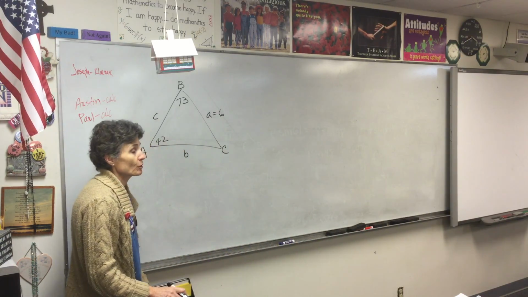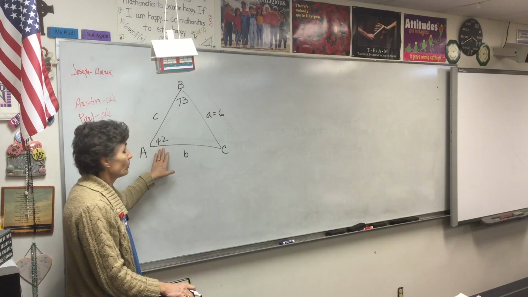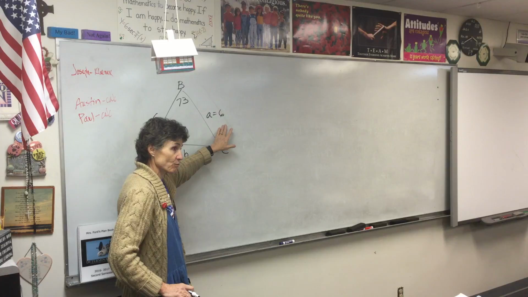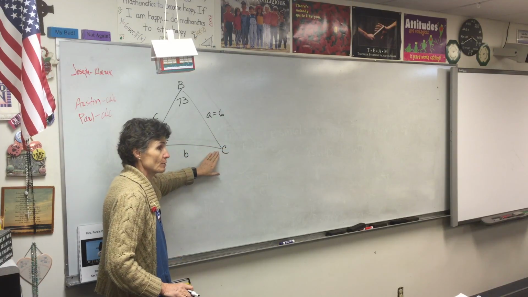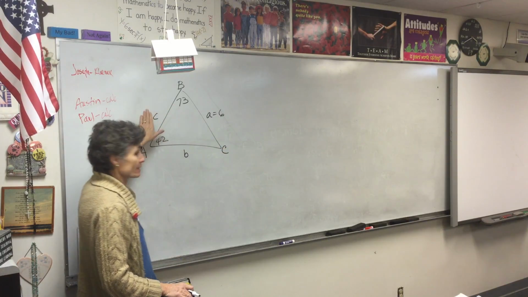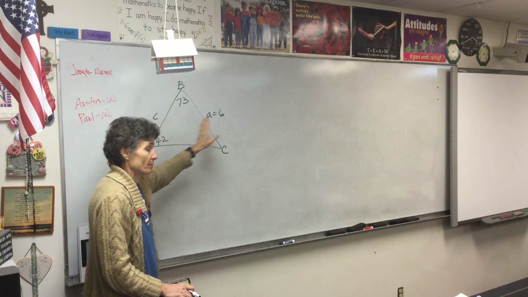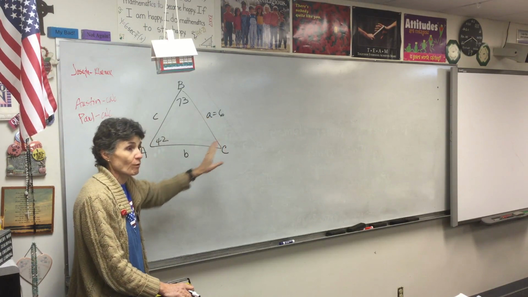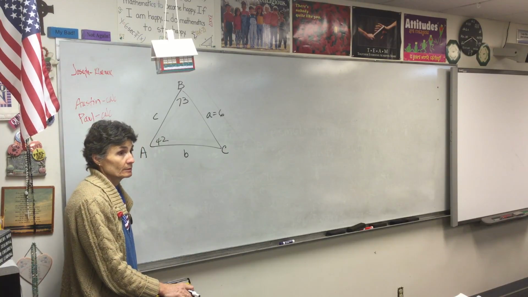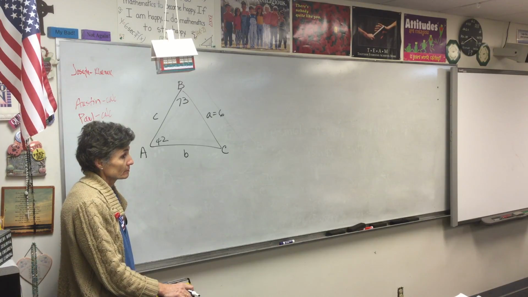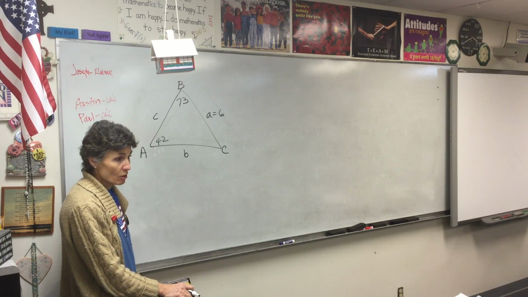You can put it anywhere you want. But wherever you put angle A, wherever you put the 42, the 6 has to be across from it. So if your 42 is down here, then your 6 has to be over here, because they are both A's. They match up. They've got to go across from each other. Austin, you follow along? Okay, so are we all busy now solving?